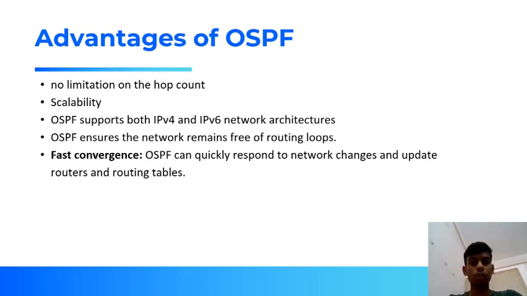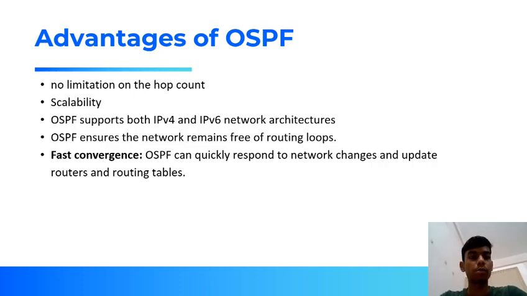The main advantage of using OSPF over other protocols is that it has no limit on hop count. If you take RIP, it has a limit of 15 hops, whereas in OSPF there is no hop limit, so you can add as many intermediate routers as required. Scalability also sets it apart from RIP.